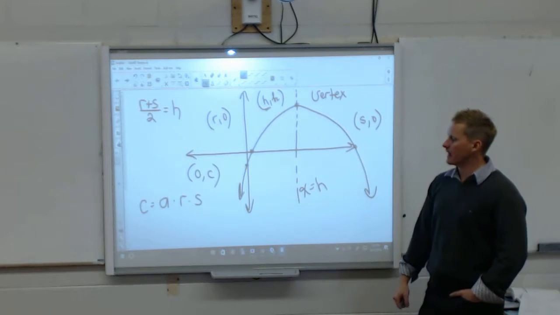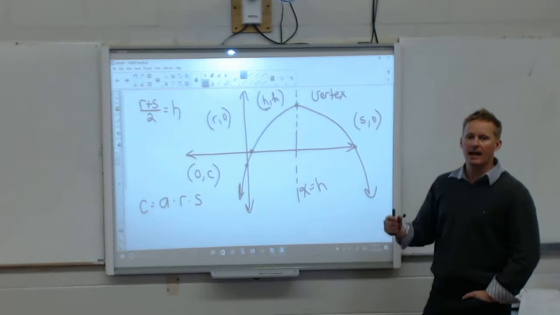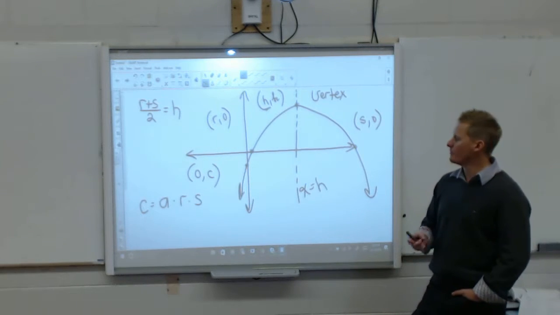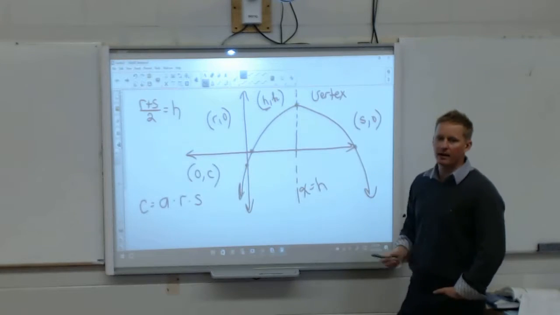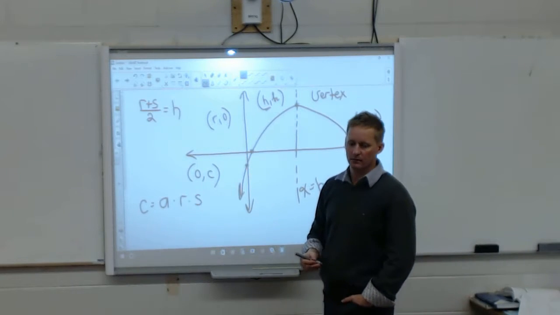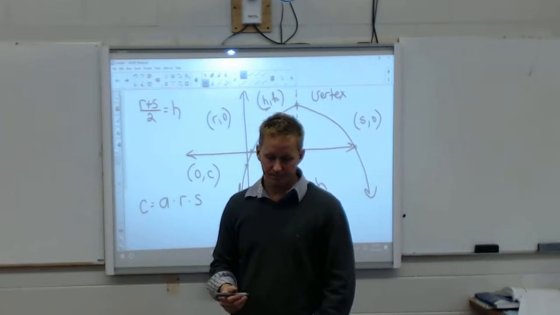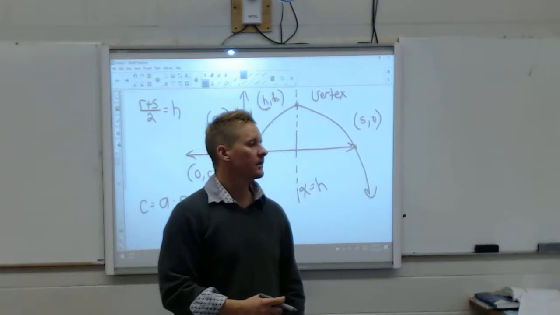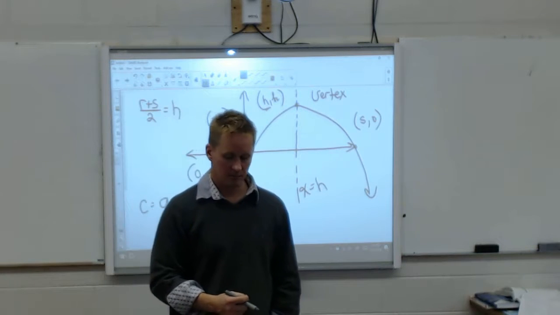The y-intercept can be found by taking the a value, which is in front of the x squared value, and multiplying it by your r value and by your s value. The r and s values are your x values. X-intercepts. When y is 0. Okay?